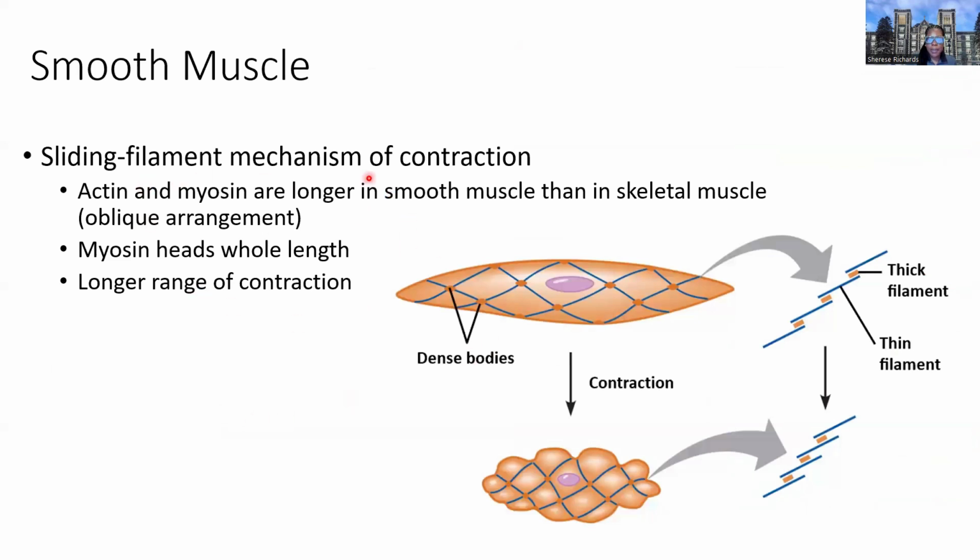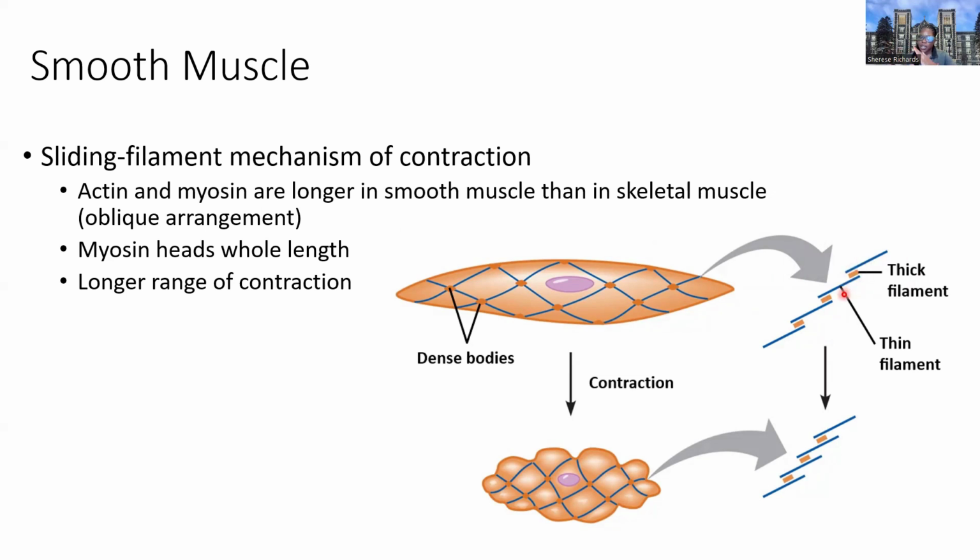Now, the sliding filament mechanism still applies here, again slightly different because we don't have a sarcomere, but actin and myosin are still being dragged against each other in order for the entire cell to shorten the way that we see in skeletal muscle. So the arrangement is different. It's more of an oblique arrangement where myosin, which is the thick filament, is in between two strands of actin, which are your thinner filaments.